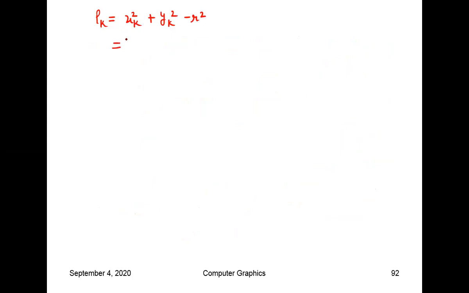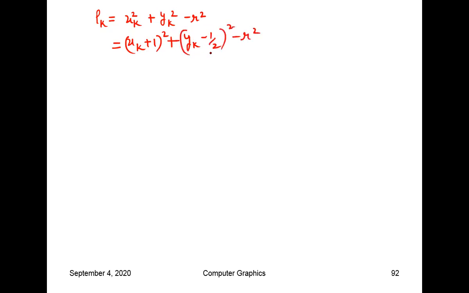We know that xk square means definitely it will be xk plus 1 square. So x is going to be increased by 1. This yk square means this will be yk minus 1 by 2 whole square.